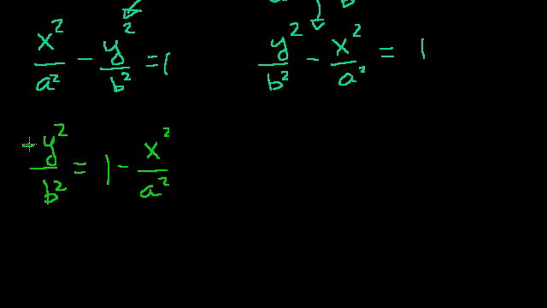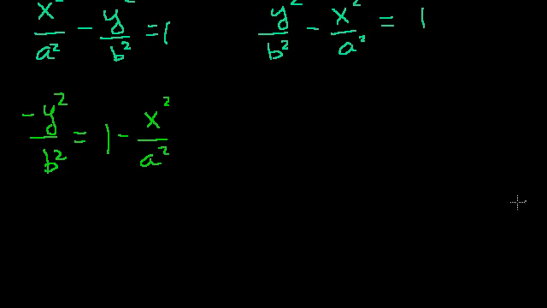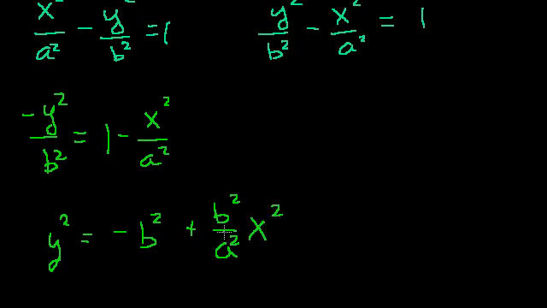And then I want to get rid of this minus and this b squared, so let's multiply both sides of this equation times minus b squared. If you multiply the left-hand side times minus b squared, the minus and the b squared go away, and you're just left with y squared is equal to minus b squared times, and that becomes a plus b squared over a squared x squared.